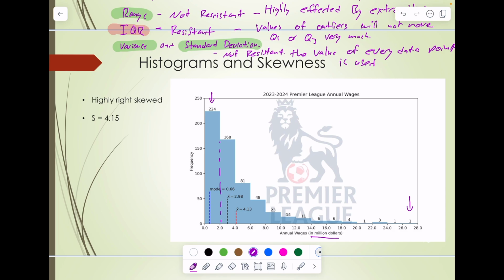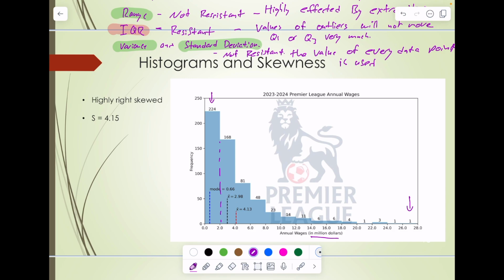Now let's take a look at this. So the mode of the data. Now you wouldn't be able to determine any of these, mode, median, and mean, accurately just by using this histogram. I made this histogram, and from the data that I had, the mode turned out to be 0.66.